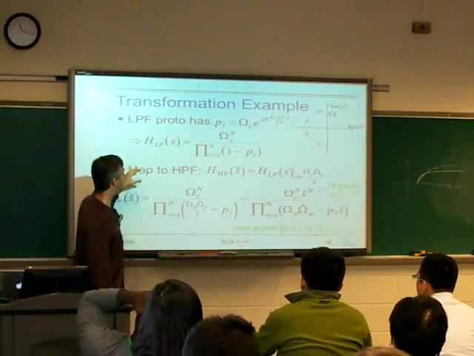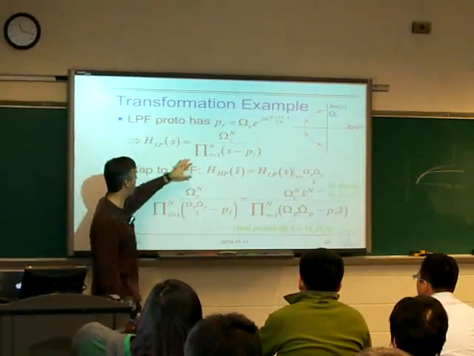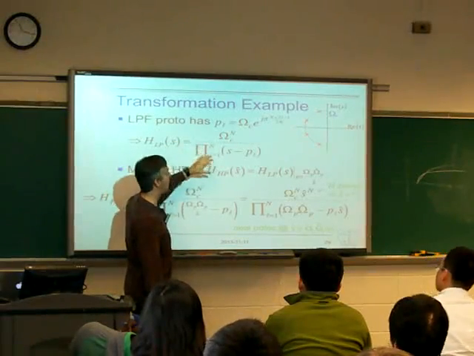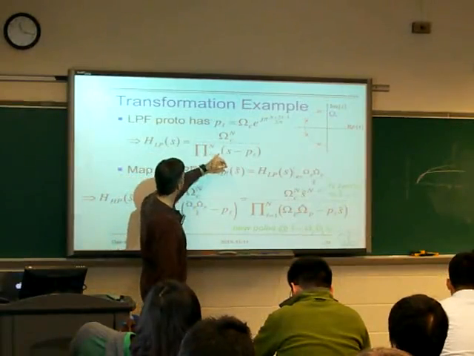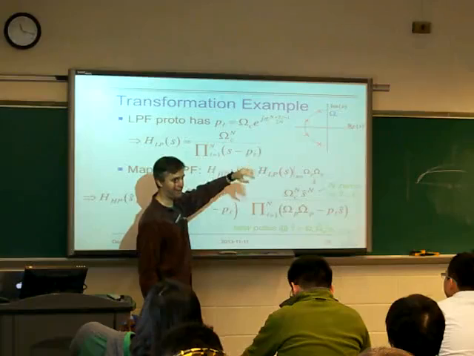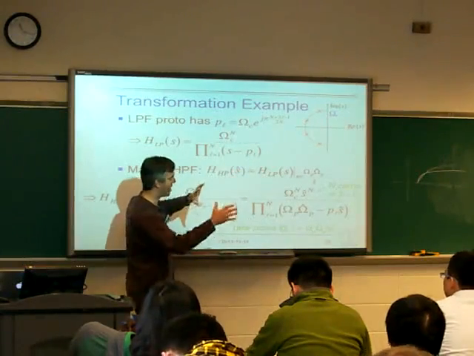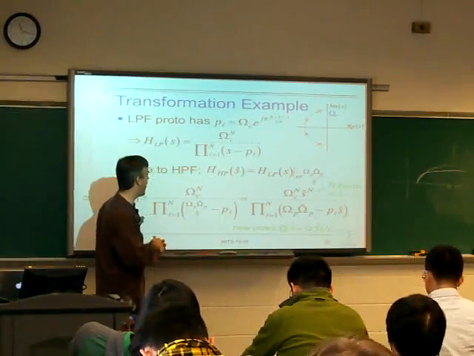And so to get the high-pass filter, we take this polynomial, which would typically just show up as s to the fifth plus s to the fourth plus whatever, a set of coefficients multiplied by polynomials of s.